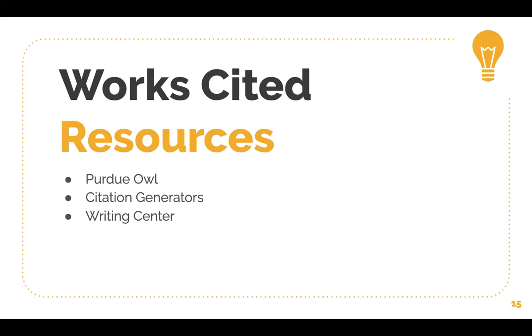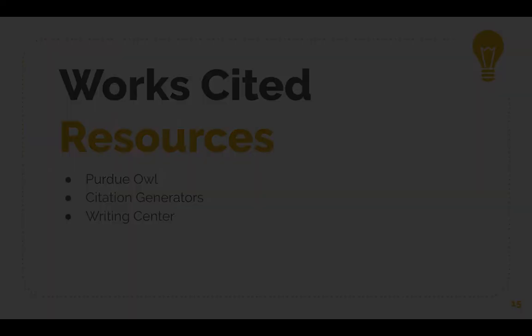You want to be careful with these because they don't always perfectly create citations for you, but like EasyBib or Citation Machine, or you can just search citation generators. Sometimes they have fees, but there's free ones out there that can help you create citations. You can also go to the Writing Center. They have a lot of good worksheets, and they also will sit down with you and go over your works cited page and your sources and your formatting.